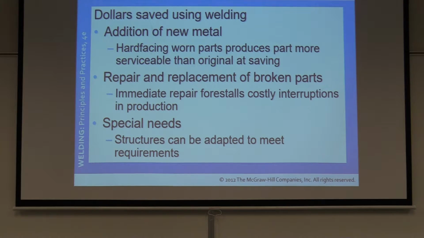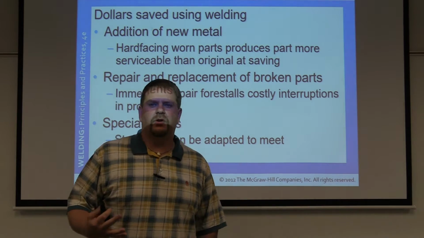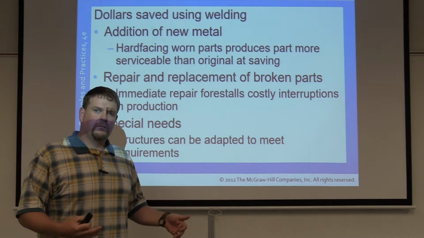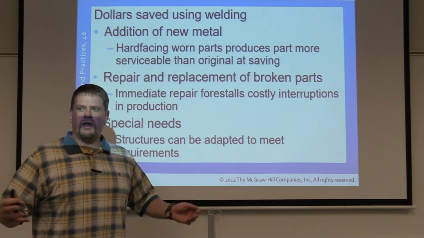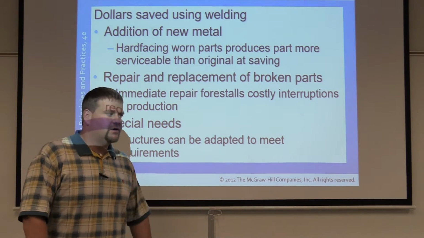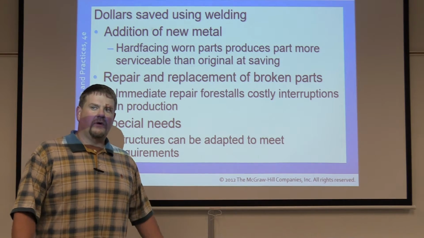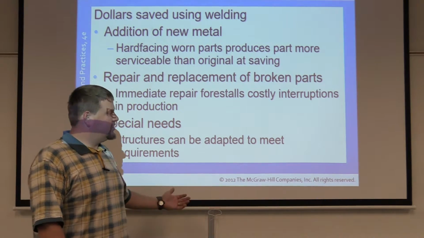Special needs. Special needs is especially important as far as modern technology. If you notice, our homes are getting more open designs, right? Foyers are being 2 to 3 times larger than they used to be. Well, they don't make that big of trees, or we don't want to cut them down. Steel is an easy way to go.